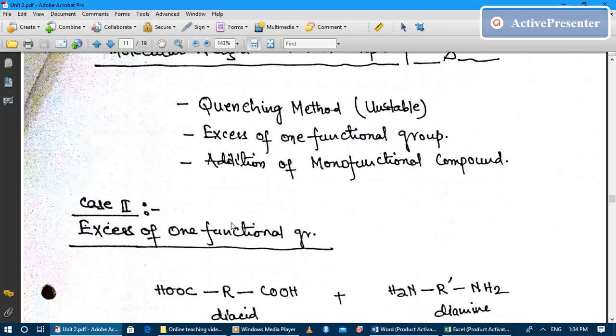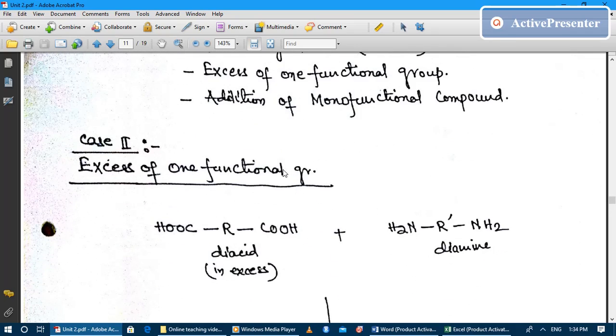So let's see the second case, because in the quenching method you have to just reduce the temperature of your polymerization system. So in the second case we will see excess of one functional group or excess of one monomer, because functional group is related to the monomer, so you have to basically take excess of one monomer.